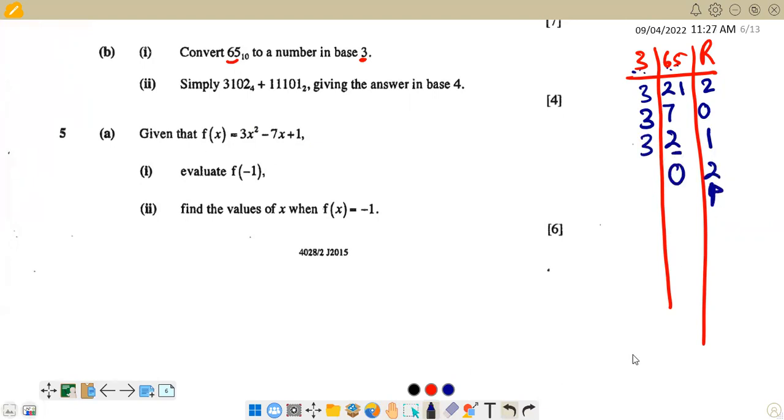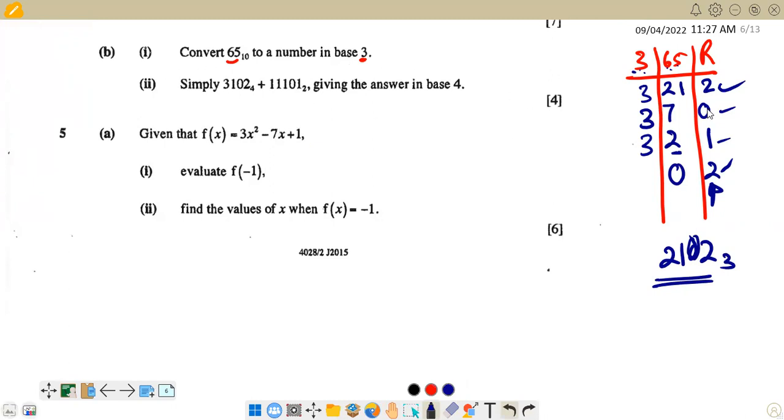So this is your answer. Remember, we said we take our answer from the bottom going upwards. So here we're going to have 2, 1, 0, 2. So this is the answer, in base 3.